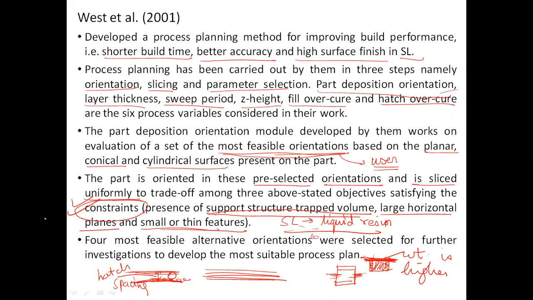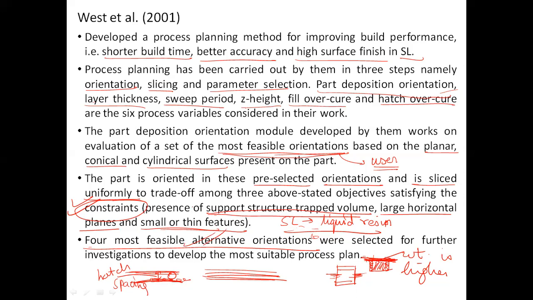So based on all these criteria, you can come up with four most feasible orientations. Now, out of these four orientations, it is your guess how you want to make it. Whichever orientation you feel like, you can use it.